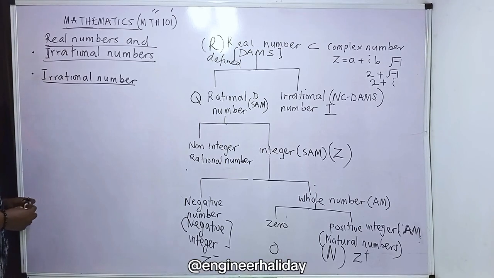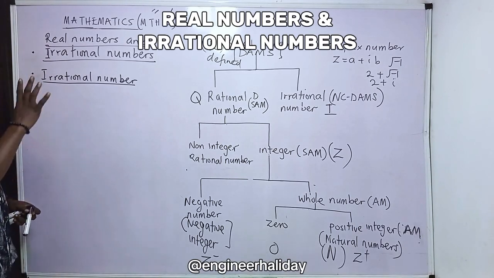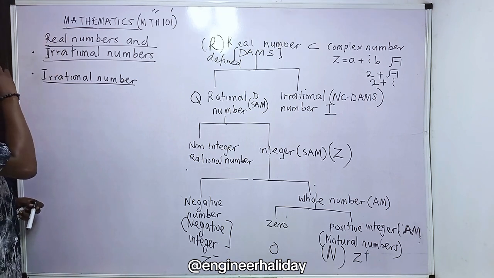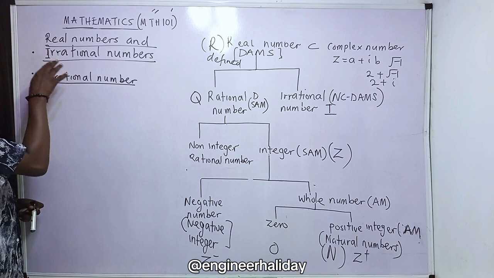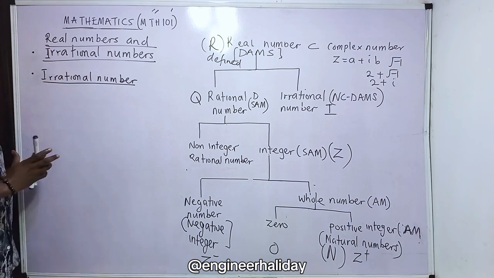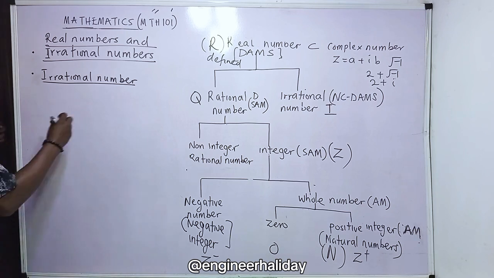Now we are in the last part of the real number analysis, and why I'm taking these two together is because I think I cannot explain real number without talking about irrational number. But irrational number has something that I need to talk about. Now, what is irrational number?